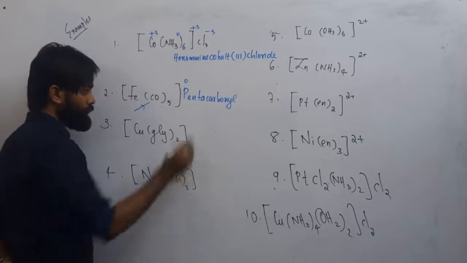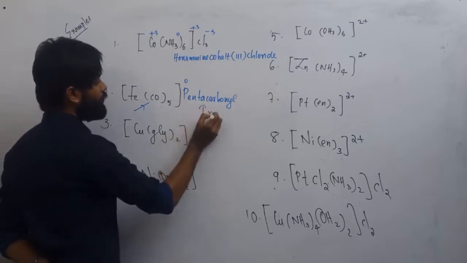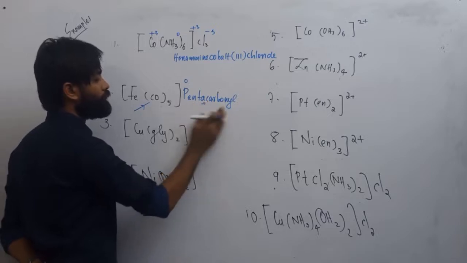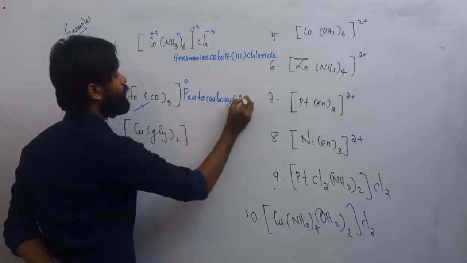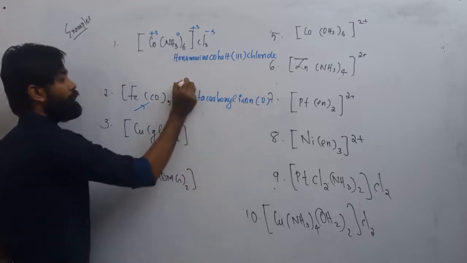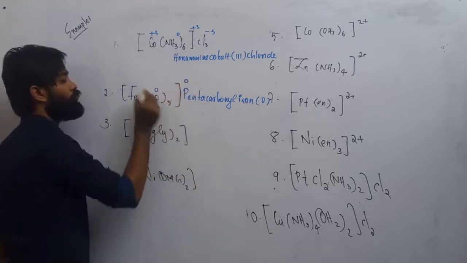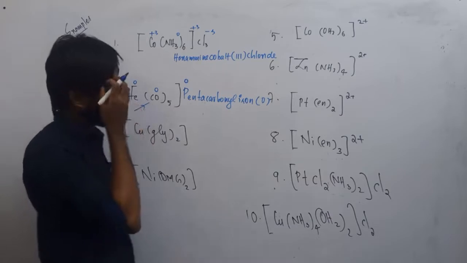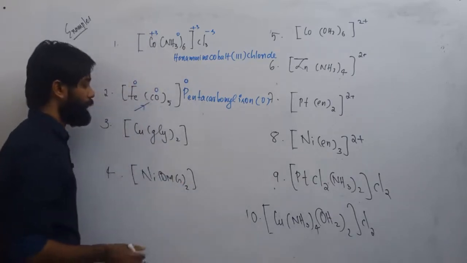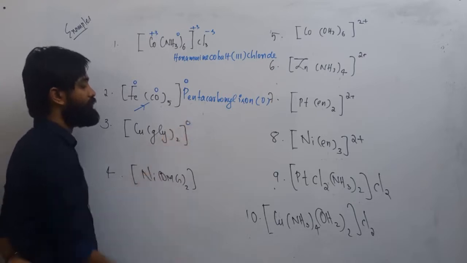But this is a neutral ligand, so iron is enough. Pentacarbonyl iron. Well, the oxidation state is 0 because the Hall charge is 0. Carbon monoxide also has 0 charge. So the iron is in 0 oxidation state. Pentacarbonyl iron 0.